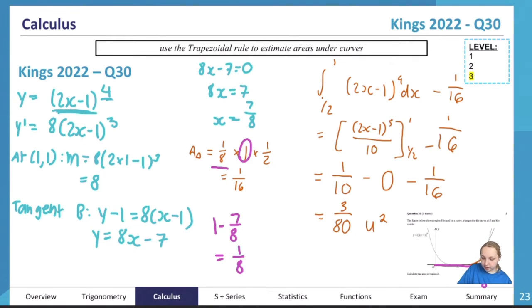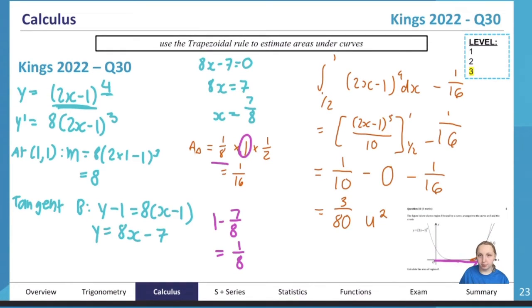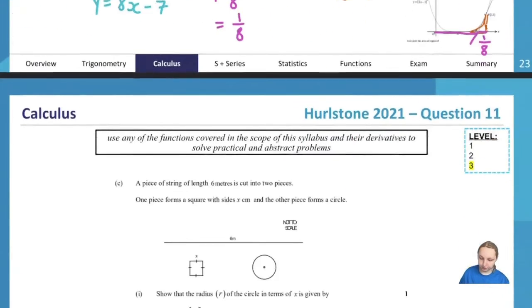Then we know the height is just the y coordinate of our point B, and we do half times base times height, which is where that half comes from as well. So yeah, that's that question. Fairly hard, but hopefully you know how to answer that now.